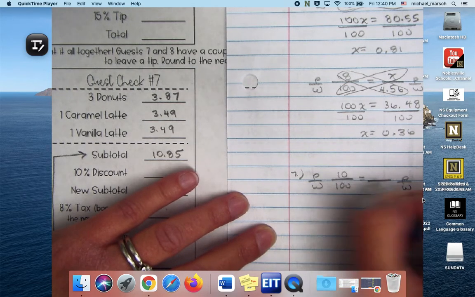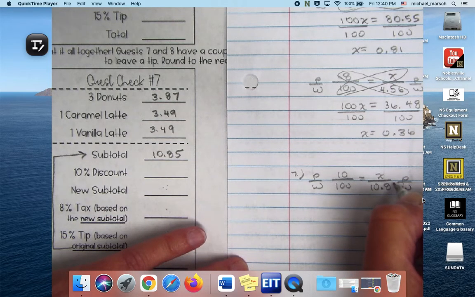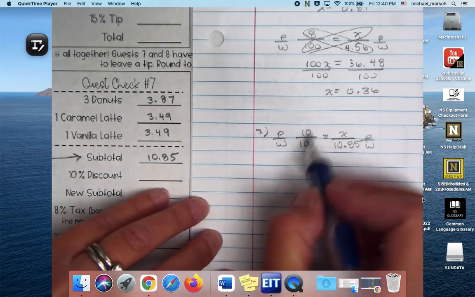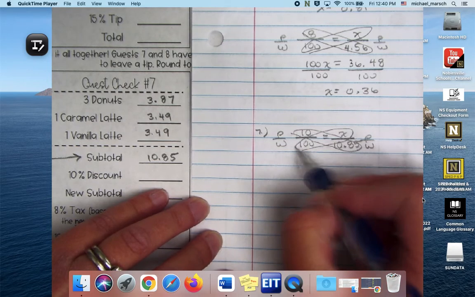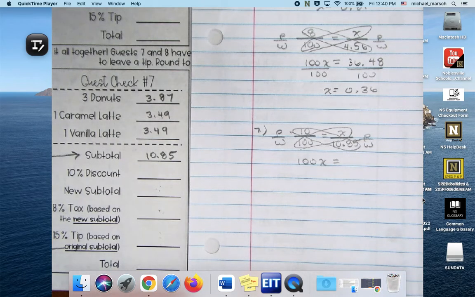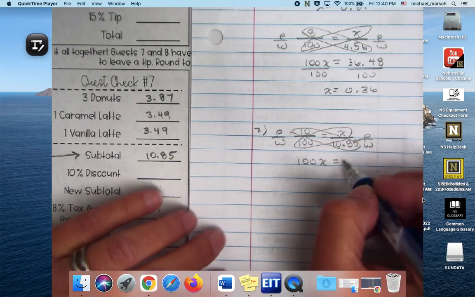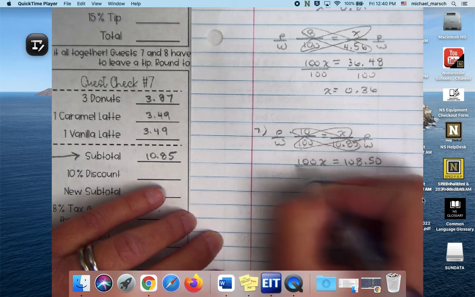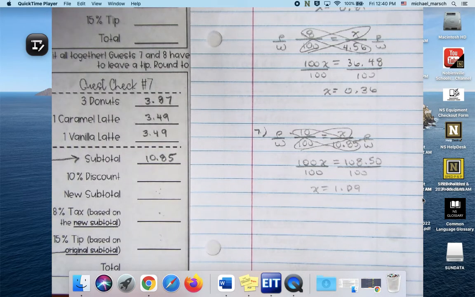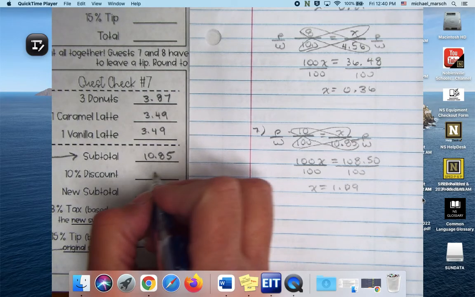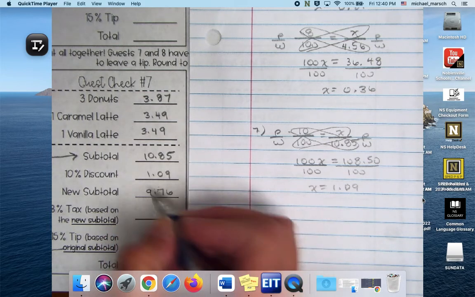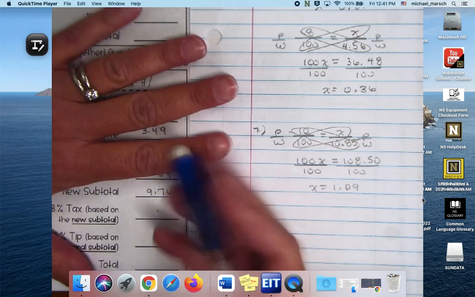So 10 out of 100 equals what out of $10.85? So they're going to save $1.09, right? So we round up. So their new subtotal is $9.76.